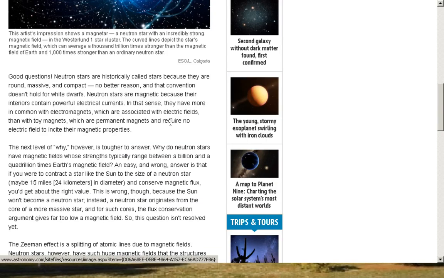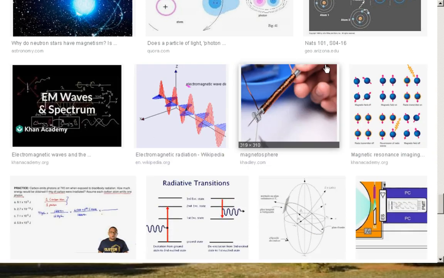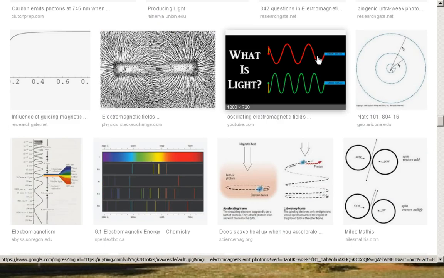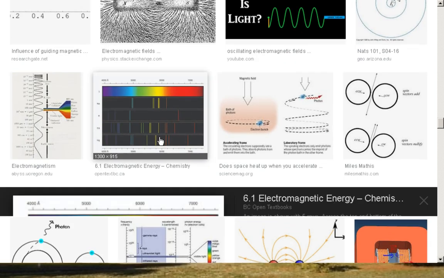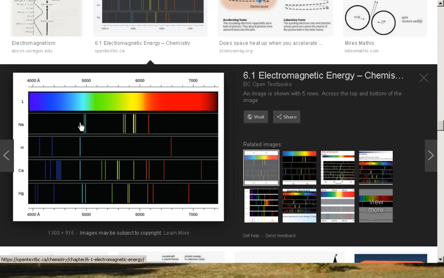Artist's impression. As an example, a chart showing different spectra of different chemical elements like sodium, hydrogen, calcium. They give off energy levels.